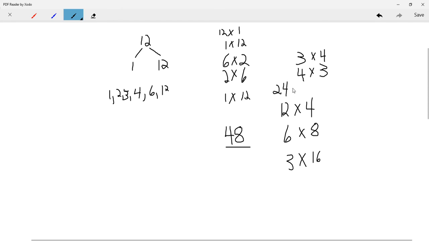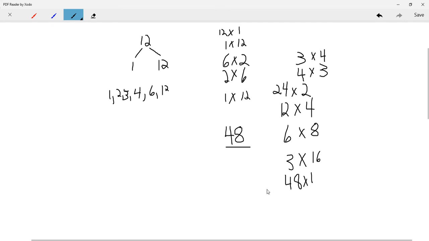And then I half this. 24 times 2, right? And then obviously 48 times 1, which we could also derive from 24 times 2, right? If we go half of 2 is 1, double of 24 is 48.